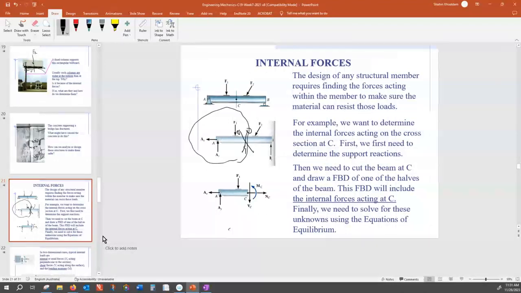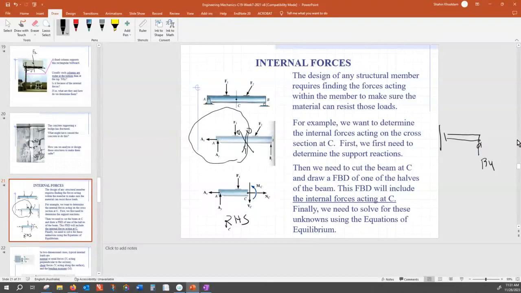Now, if you decide to keep the right-hand side free body diagram, here I've taken the right-hand side free body diagram, okay? If I wanted to take the left-hand side, my free body diagram would look different. Not only do I cut from here, I'm also cutting at B. So B would develop a reaction By.